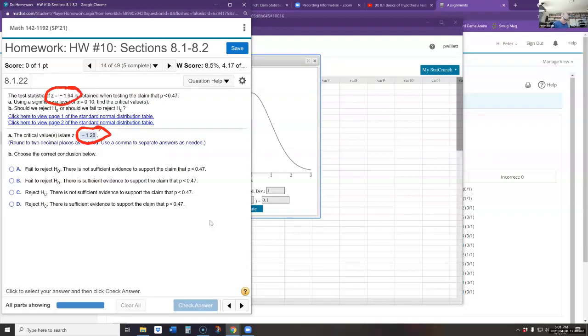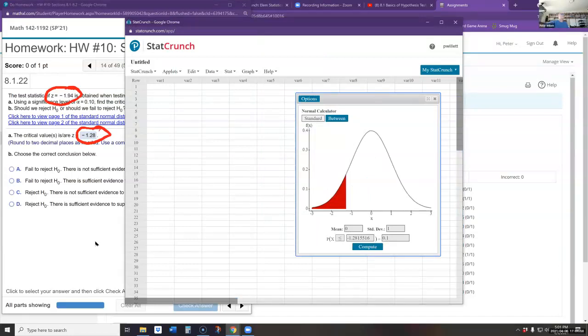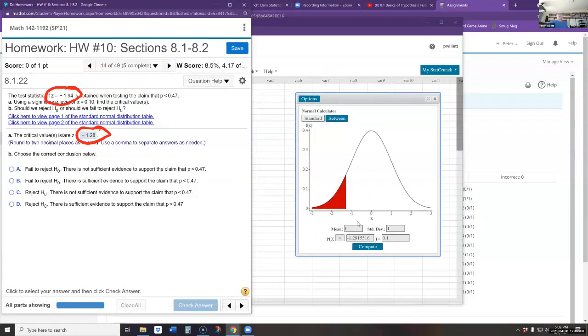On our curve, at this point you have 10%, and at negative 1.94, you would be over here somewhere.